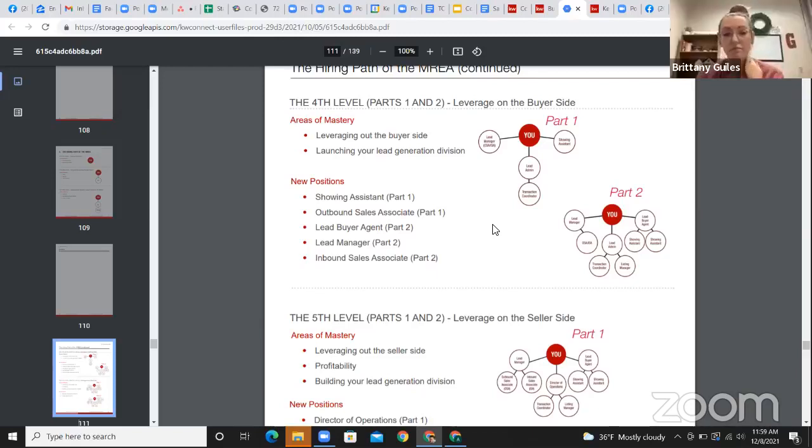If you were to pursue leverage on the buyer's side before leverage on the seller side, you may end up with a bunch of buyers agents that don't have a lot of inventory to buy. So in today's market, and again, it's not a black and white thing you definitely have to do, it depends on what fits your models.